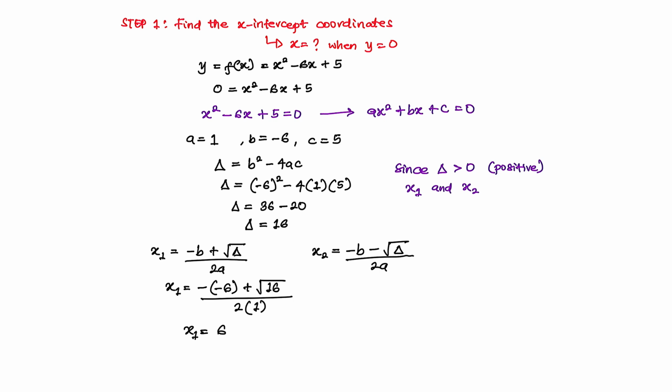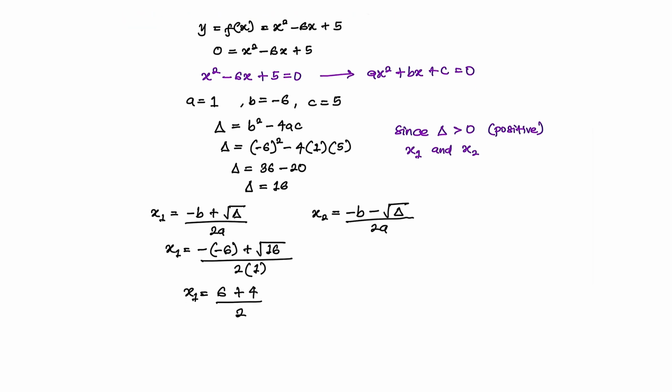That will give us plus 6 plus square root of 16, which is 4, divided by 2. So going further, x1 equals 6 plus 4 is 10, 10 divided by 2. So 10 divided by 2 is 5.